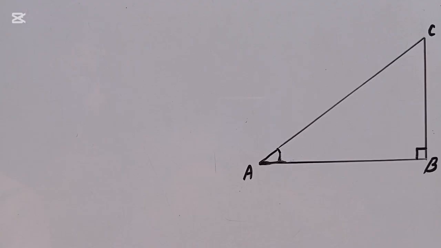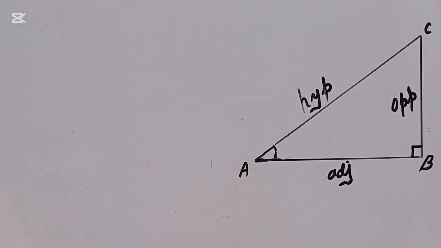We suppose a right angled triangle ABC here. The side opposite to the right angle is the hypotenuse, which is the biggest side. Then, if we work on the angle A, opposite to this angle is the side which is known as opposite, and this side AB would work as the adjacent, the side between the angle under discussion and the right angle.